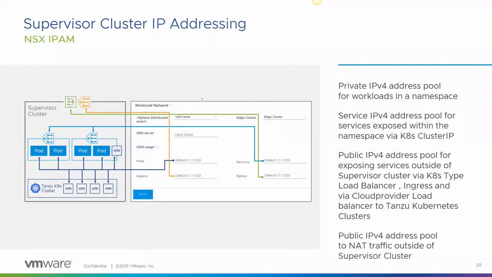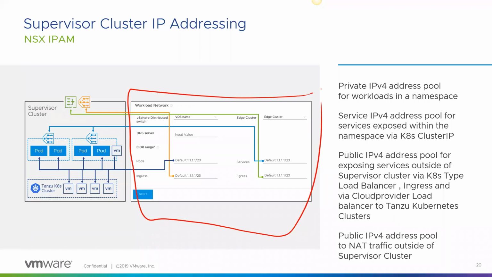So how do we create all of this stuff? Starting with IPAM. With IPAM, you go into your workload management and you say you want to configure the network when you go to define your supervisor cluster. And this is an exact screenshot. As you do that, you're going to have to provide some CIDRs, right? In there, you will specify the pool CIDR that you want to use.